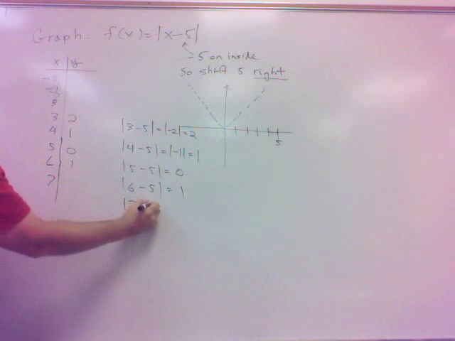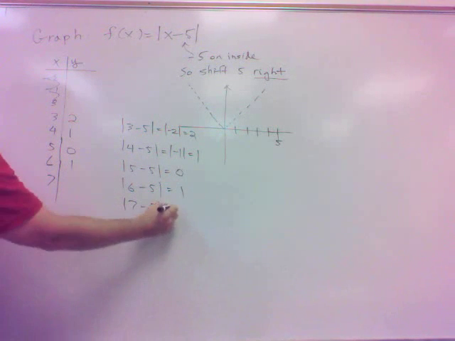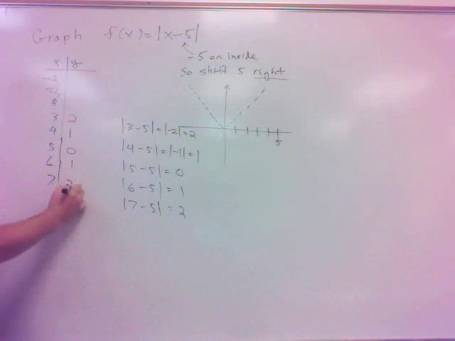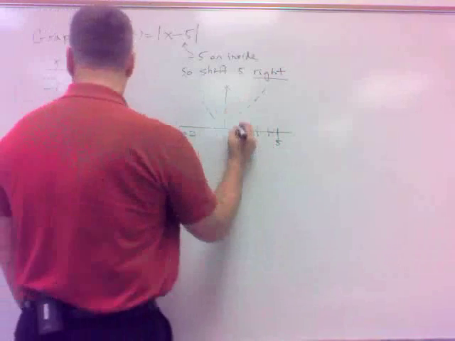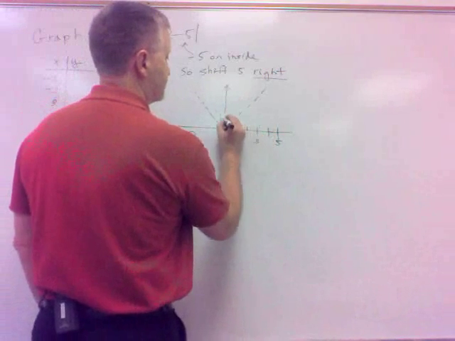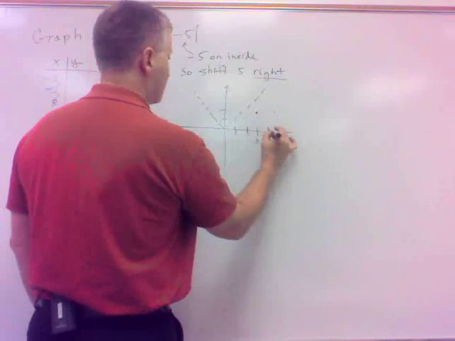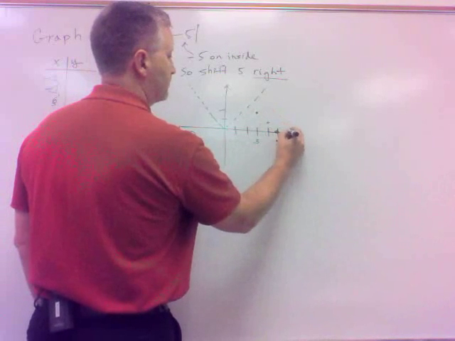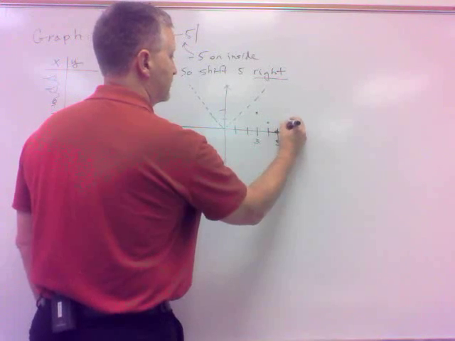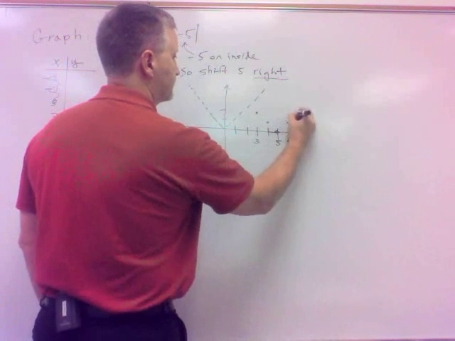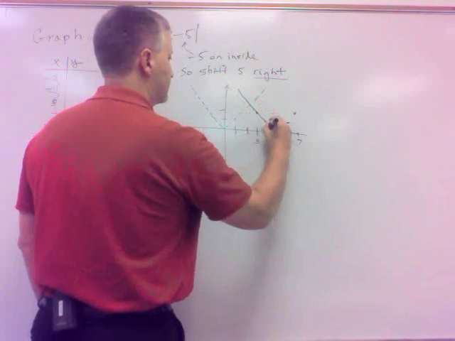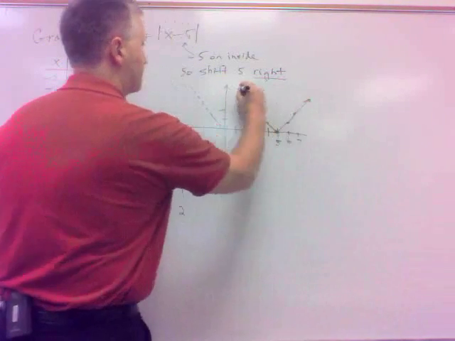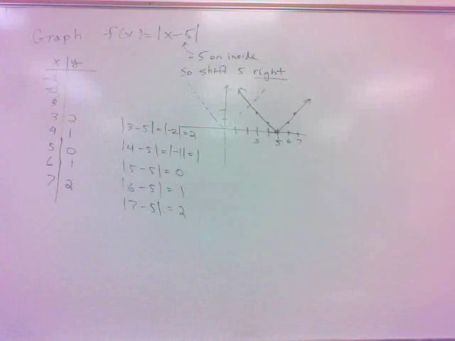And at 7, the absolute value of 2, which is 2. Yeah, so those are some nice points. 3, 2, 4, 1, 5, 0, 6, 1, 7, 2. All right, there you go. It was exactly what we thought it would be. All right?